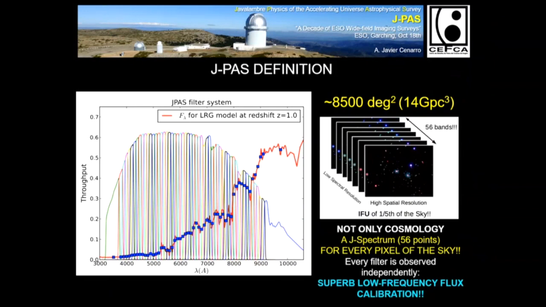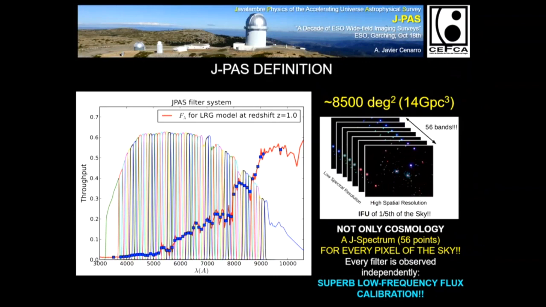But the point is that this is not only for cosmology. Cosmology is the main driver, but if you think of the type of data that we are going to gather, at the end, this is going to be useful for essentially most cases in astronomy. Why? Because we are getting a J-spectrum, a low resolution spectrum, for essentially every pixel in the sky, and this is very important for essentially all types of science that we want to do.